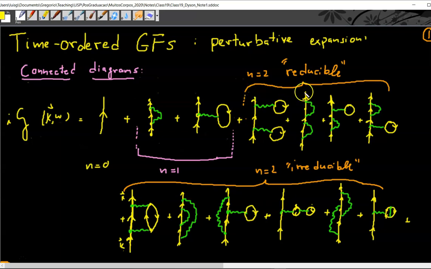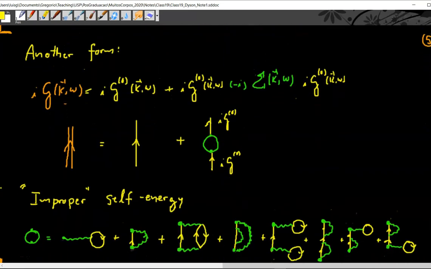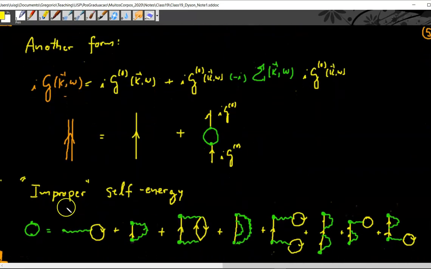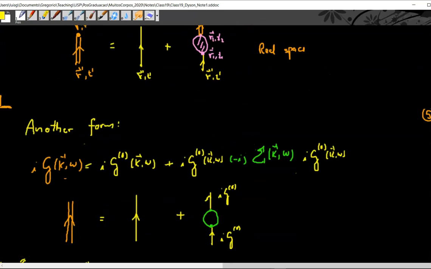If I just strip off the outer legs, this self-energy is going to be called the improper self-energy, and that will involve all diagrams. So there will be many more diagrams included here than in a proper self-energy, where I include only the irreducible diagrams.